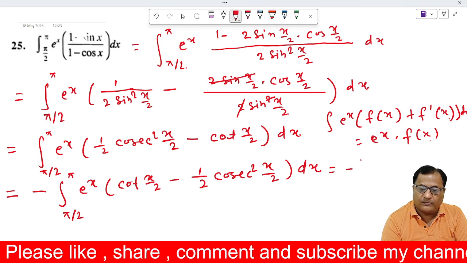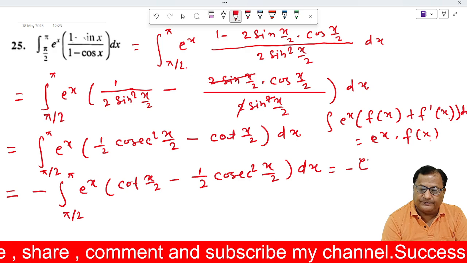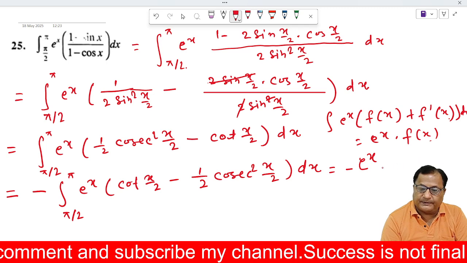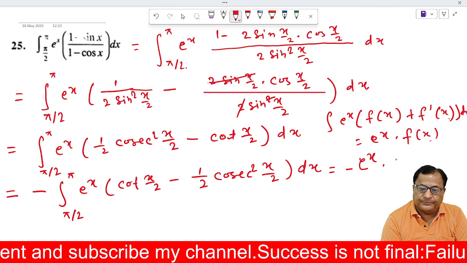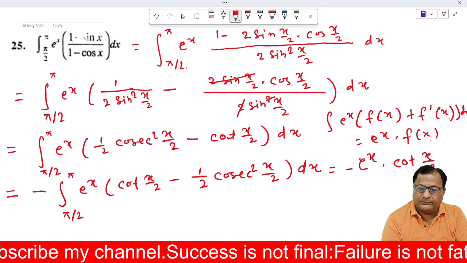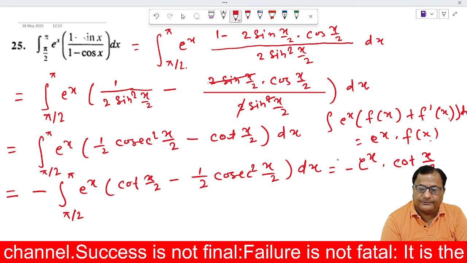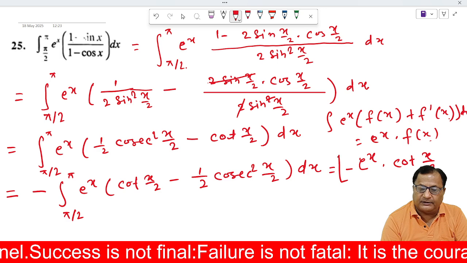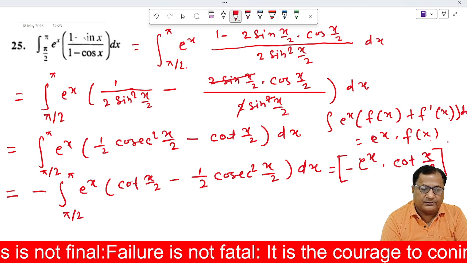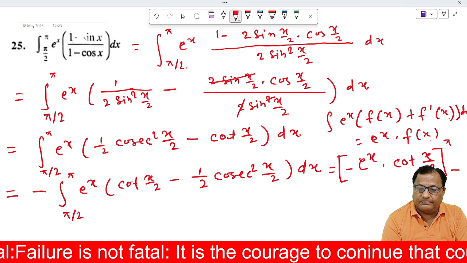So the integration of this will be minus e^x into cot (x/2), and the limit will be from pi to pi by 2.